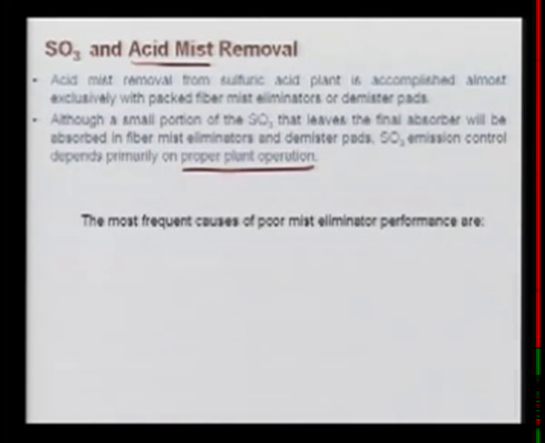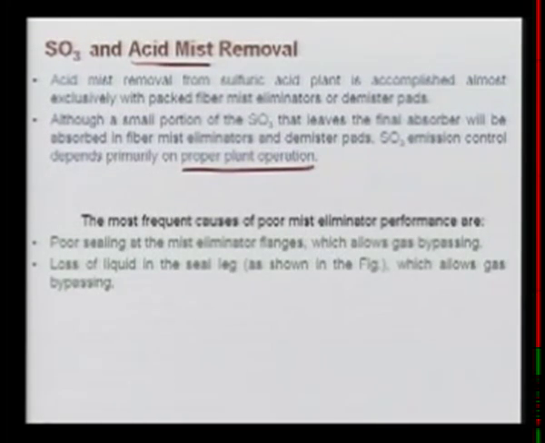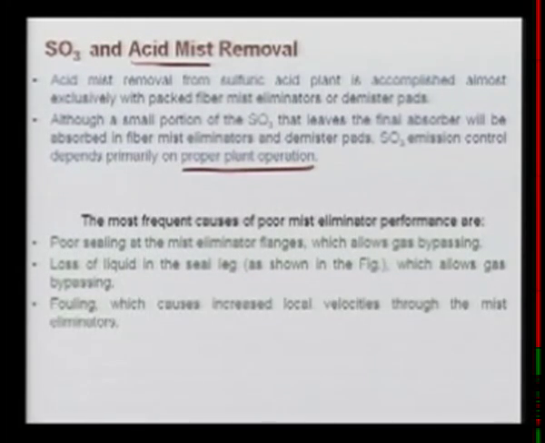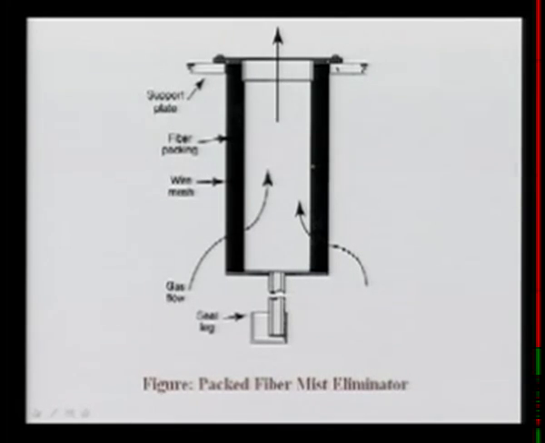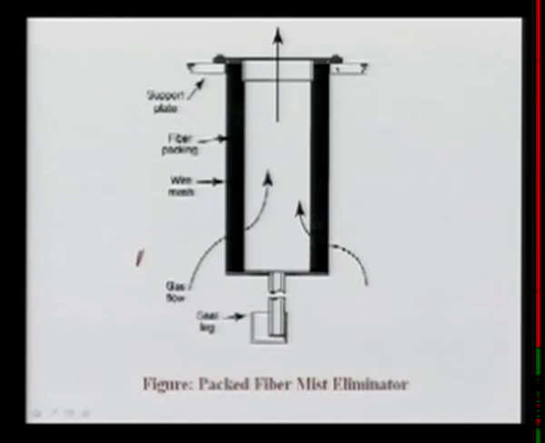And what is the technology to remove the mist? Poor sealing at the mist eliminator flanges can lead to problems, but what I really want to show you is this process here. This is the gas flow, this is a wire mesh, and inside the wire mesh is a fiber packing, and then you pass the gas, which is rich in acid mist, through this fibrous pad.